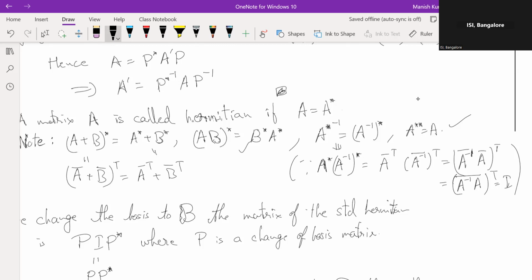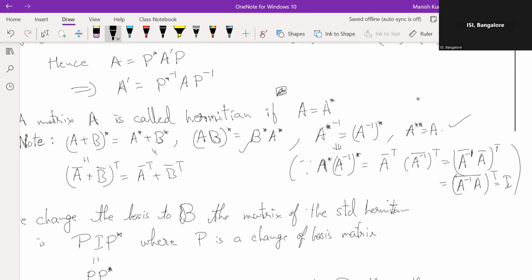Any questions? So instead of going back to conjugate and then transpose, we could use the second identity that we proved, right? AB star is equal to B star A star. So we could have jumped one step.